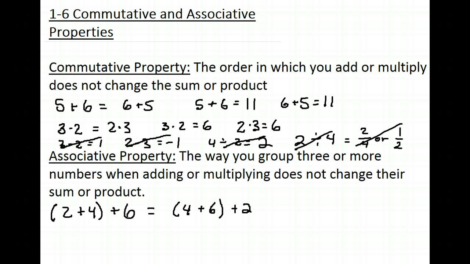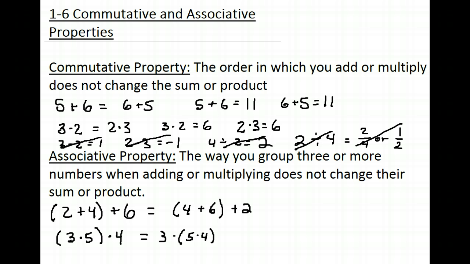Now let's look at this in terms of multiplication. We have open paren 3 times 5 close parentheses times 4 is the same thing as 3 times open paren 5 times 4 close paren.